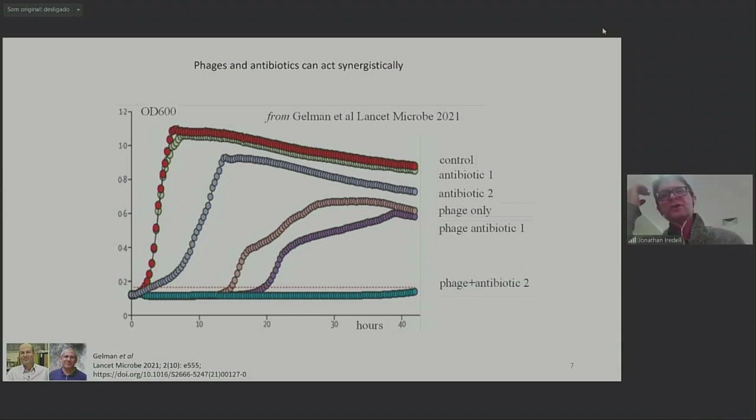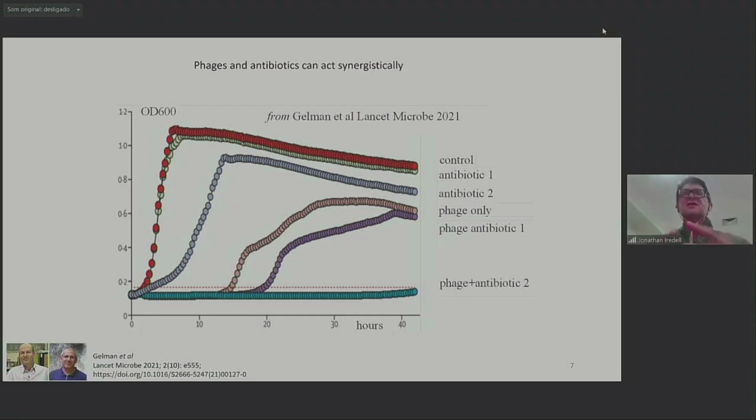We know also that if we add therapeutic viruses to antibiotics, we get an effect that is greater than the sum of its parts, that it is true synergy. So it appears that the bacterial response to an antibiotic or a virus so injures the bacteria that the secondary attack of a virus or an antibiotic that's added to it gives a greater effect.